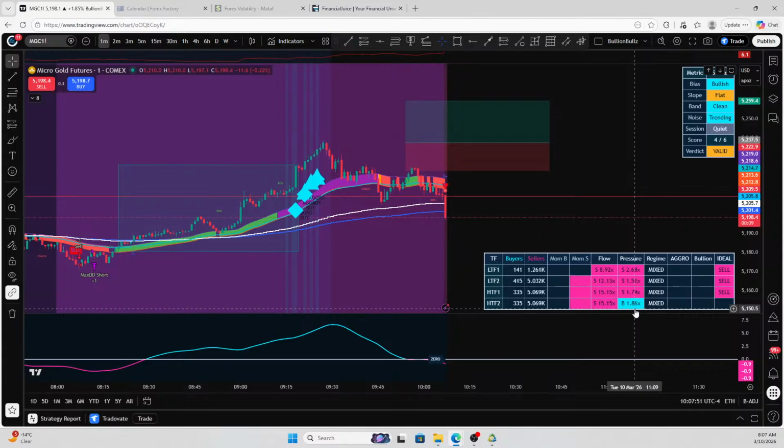Yeah, we are not going to be taking signals if pressure is blue. We're going to wait for our pressure to build up into red. And that's when potentially we will be looking for setups.